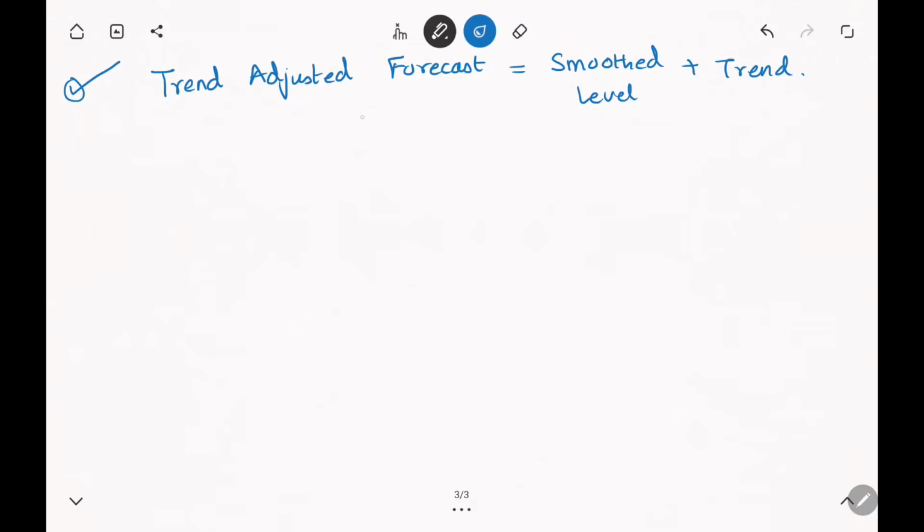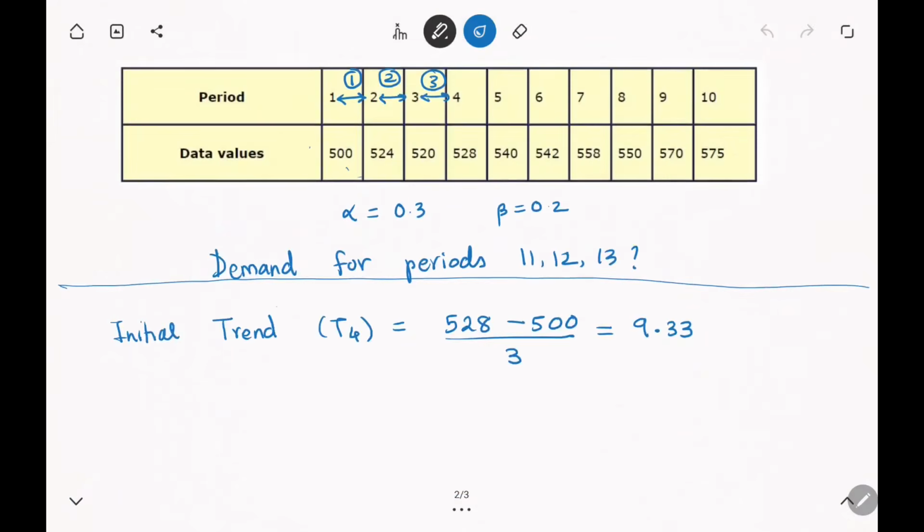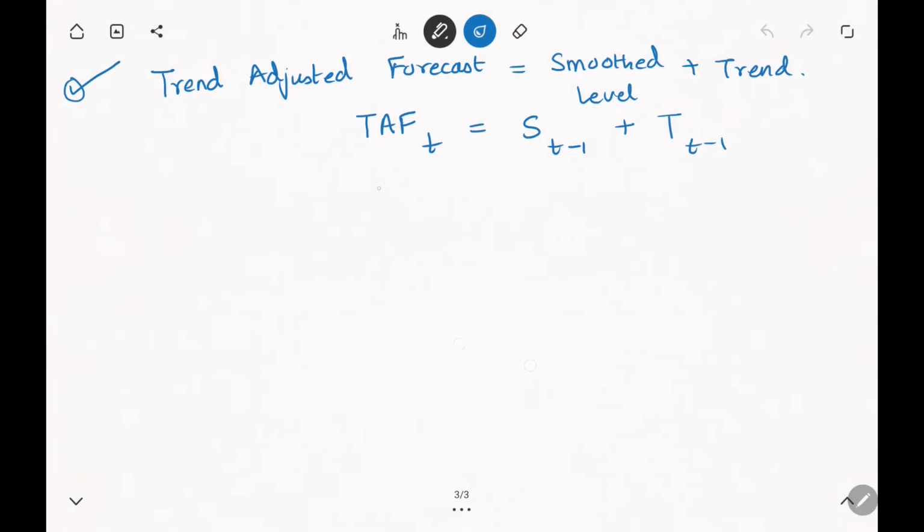For the initial forecast, we assume that the value at month 4 is our initial level. So the initial trend is 9.33, the initial level is 528, and therefore our starting value of the trend adjusted forecast for period 5 is 537.33.